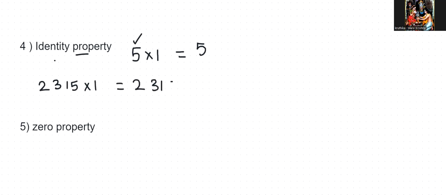So the next one is the zero property. Whenever a number is multiplied with 0, you get 0. So let's see, for example, 3,462 is multiplied with 0, you get 0. So a number multiplied with 0 is always 0.